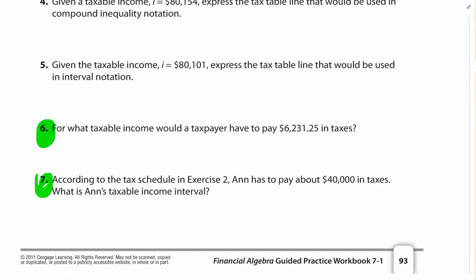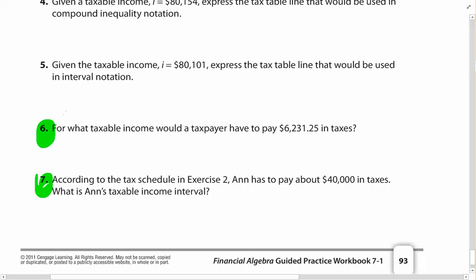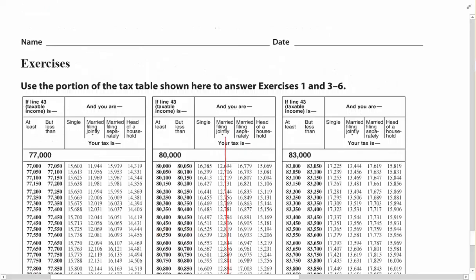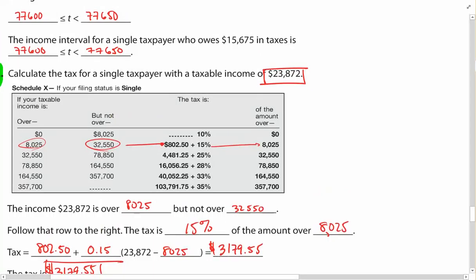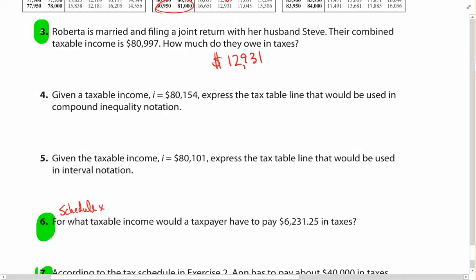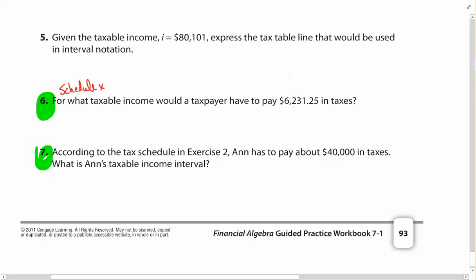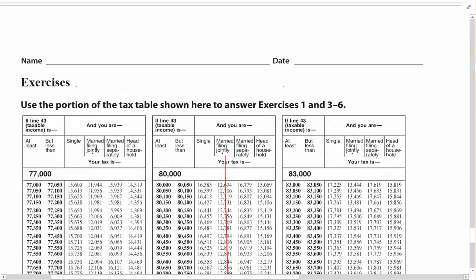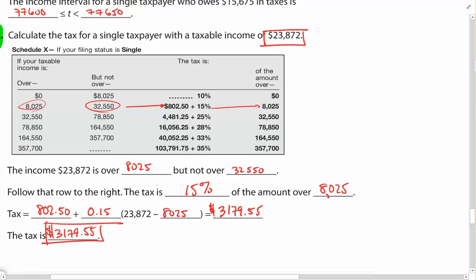Now, number 6 is an interesting question. I think they should have reminded us that we'll probably have to reference the schedule on the front side of this worksheet. I believe that was Schedule Z. No, I'm sorry, this is Schedule X. We're going to have to reference Schedule X here, because somebody is going to pay $6,231.25 in taxes, and our job is to work backwards to find out how much income they had.